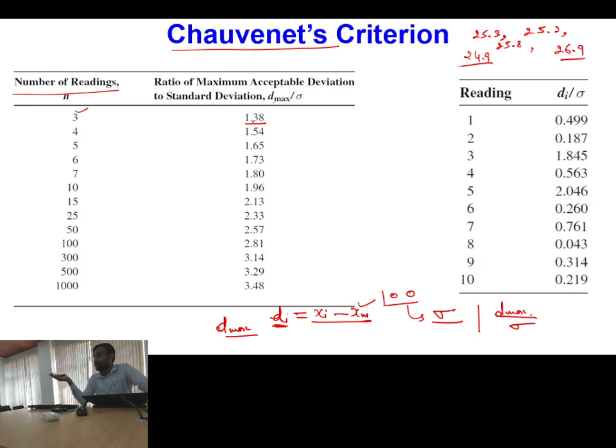With the remaining data points you again have to do the same process, because once you discard that data point, your number of data points has decreased by 1. So your value of sigma and value of mean will also change, and you need to do this calculation again with your remaining samples.